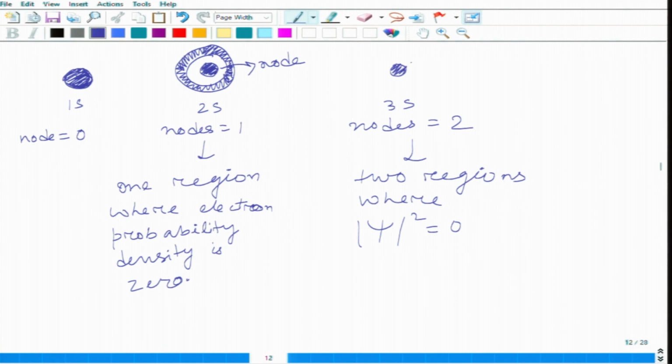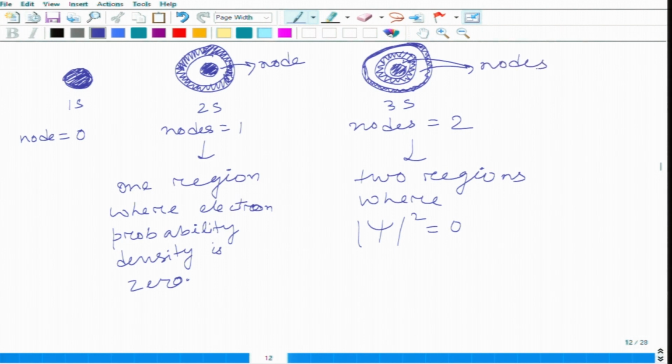So, 3s is drawn somewhat like this. So these are the nodes.